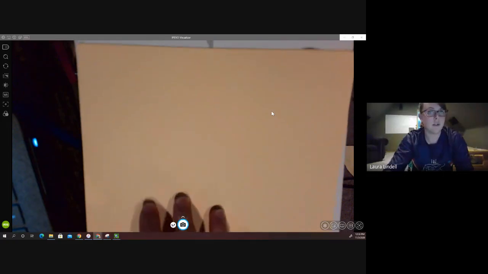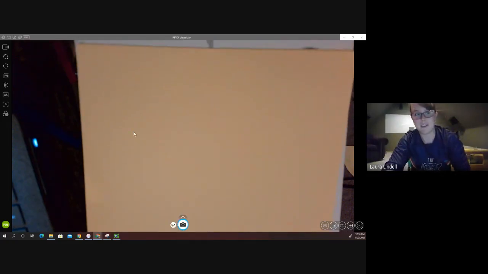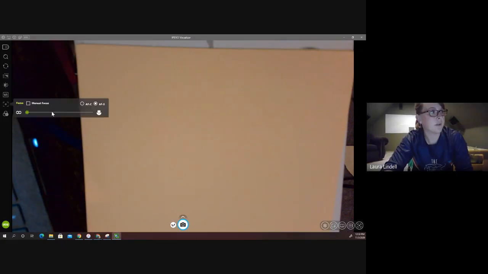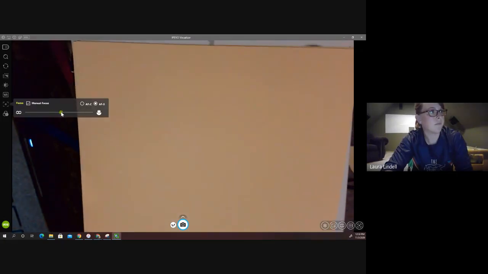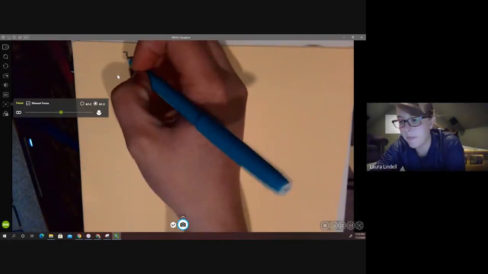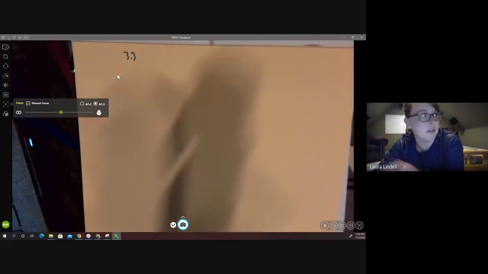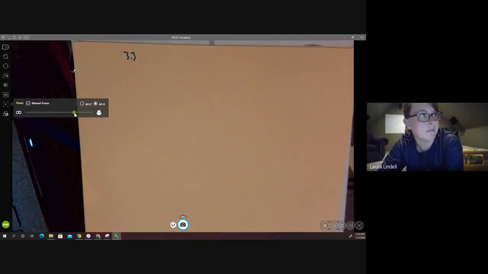Now it's looking at what I want it to. And hey, my regular camera works now too. That's fun. And I'm going to focus this a bit. All right. 3.3. Ow, come on. Nope, not quite.